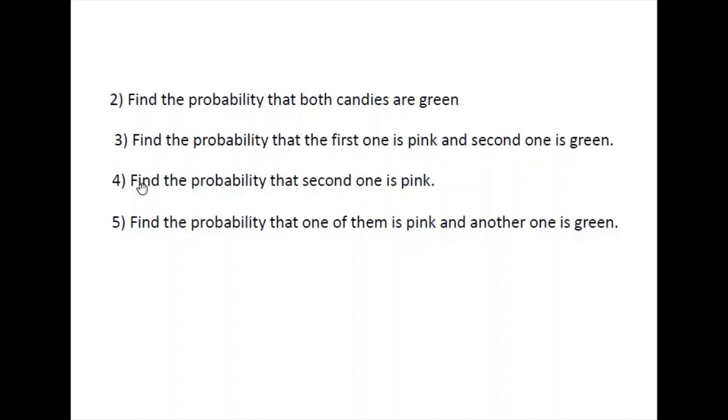But here in number 4, we just have information about the color of the second one. The second one is pink. So we have to consider 2 cases for the first one. First one is maybe pink, or first one is maybe green.